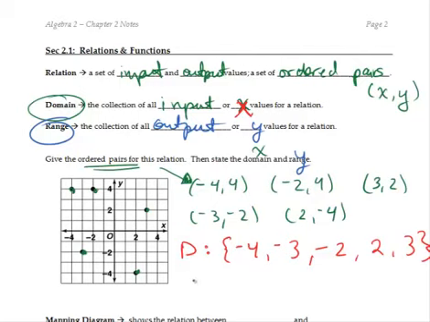All the range values, or the y values of this relationship. Let's see, what's the smallest one we have here? We have -4, and we have -2, +2, and +4. Now notice we had the +4 twice.